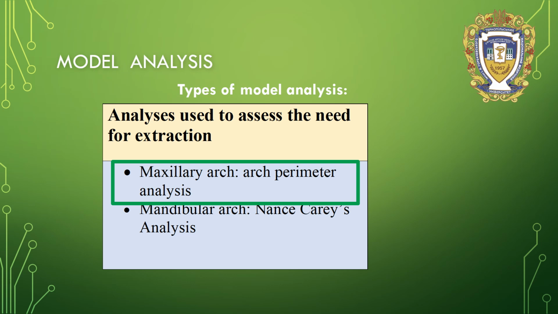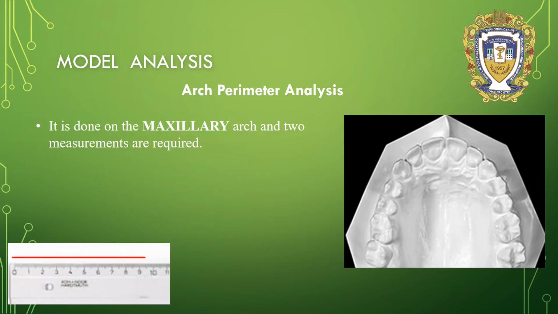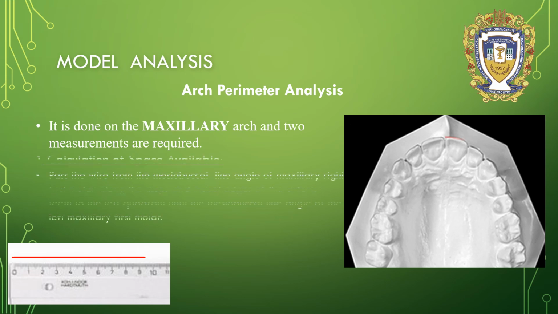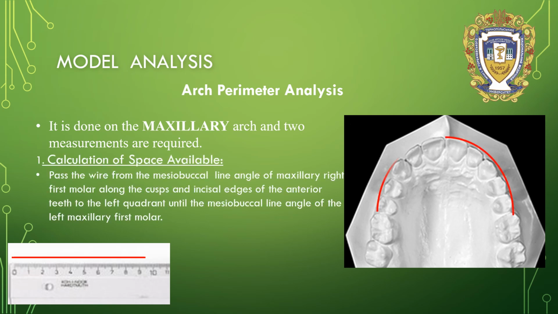Now let's talk about maxillary arch analysis. Arch perimeter analysis is done on the maxillary arch, and two measurements are required. First measure: calculation of space available.